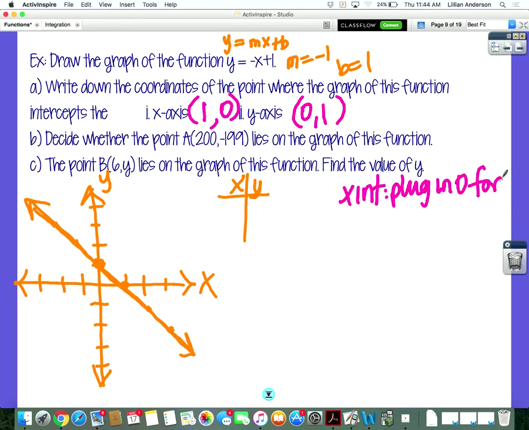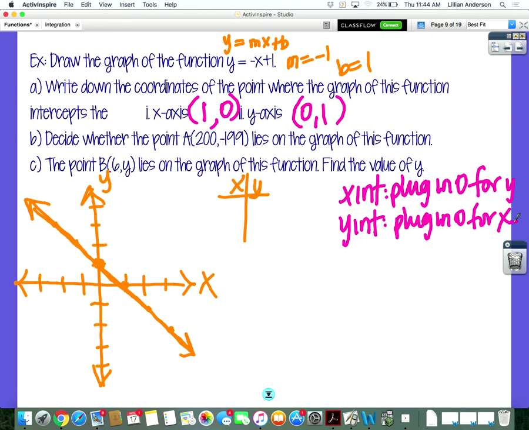I'm going to put 0 in for y. Because I'm trying to solve for x. If I'm trying to find my y-intercept, I plug in 0 for x. You ever had to do it algebraically? Or if you ever had to show why something is an x-intercept or show why something is a y-intercept, you would need to algebraically do those things.